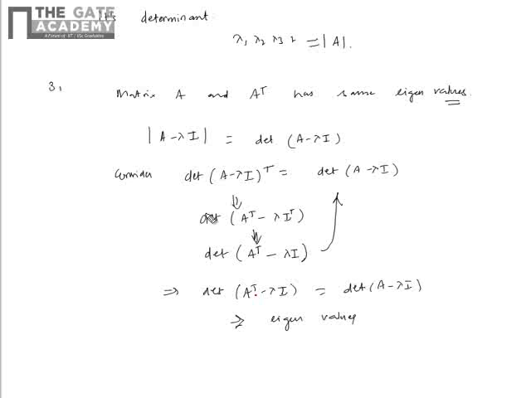Lambda is the same here, so the eigenvalues of A or A transpose, the roots, will be the same, whether you do it on the left hand side or the right hand side, because the characteristic equations are the same. So the eigenvalues are the same since the characteristic equation is the same.